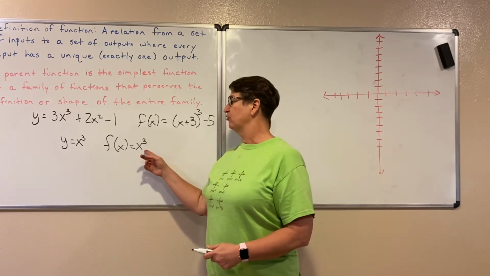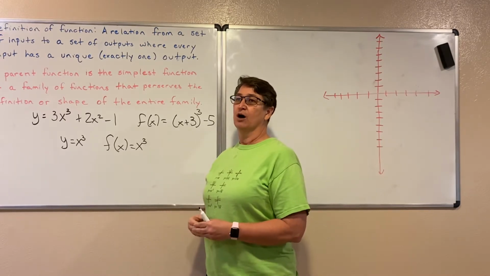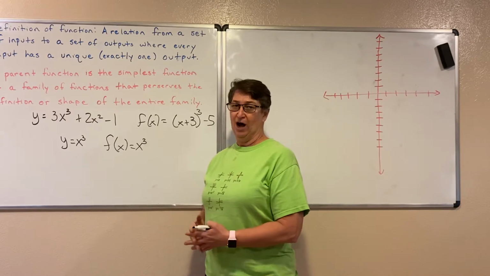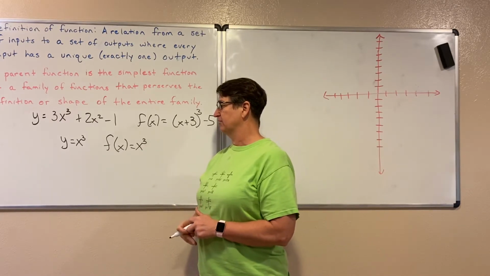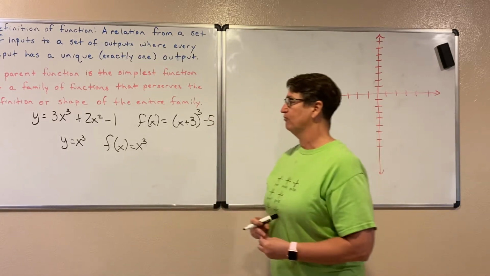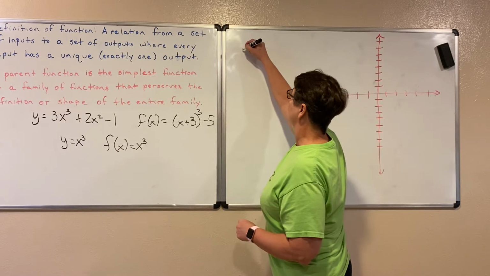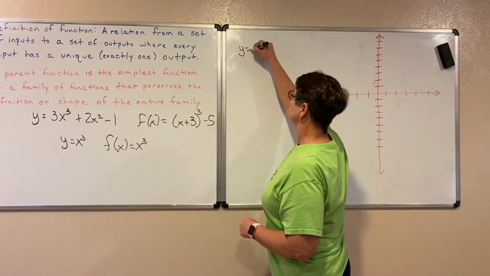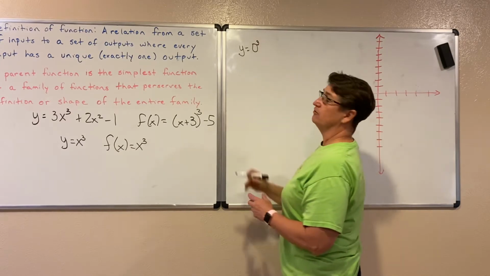Is there a real number that I put in for x that would give me something other than a real number for y? Is there any number I can put in for x that doesn't output a real value for y? Well, let's just do a few problems. What about if I put in 0 for x? 0 is a real number.